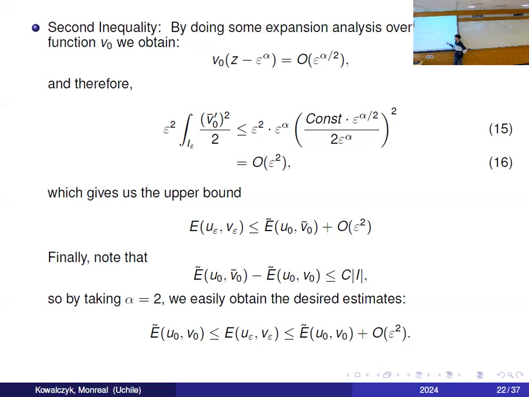Given that we know that V0 and V0 bar have values between 0 and 1, all the terms coincide except for this interval. The difference is going to be proportional to the length of the interval. So we take alpha equal 2, and we get that this difference of energy is proportional to epsilon squared. So now we have the energy estimates that we want.